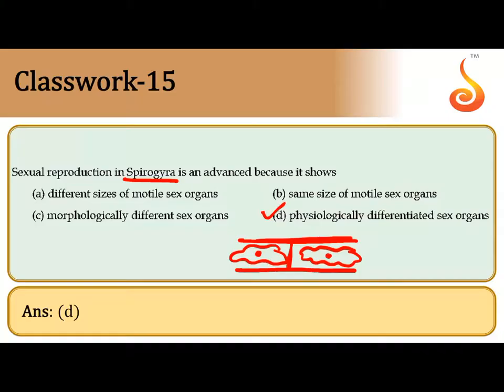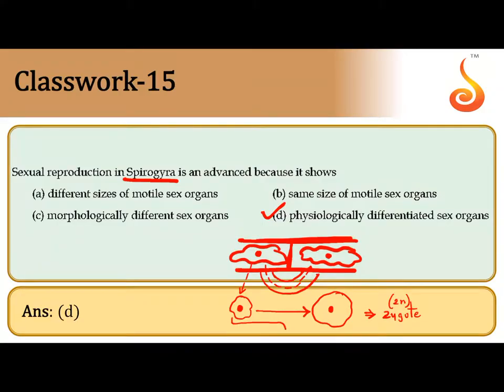On what basis are we calling it a sex organ? Because ultimately a tube will be formed between the two, and one of the cells will get rounded off into a male gamete, and it will slide through this tube and pass into the other one, which gets rounded off as a larger female gamete, and ultimately both of them will fuse to form a diploid zygote.